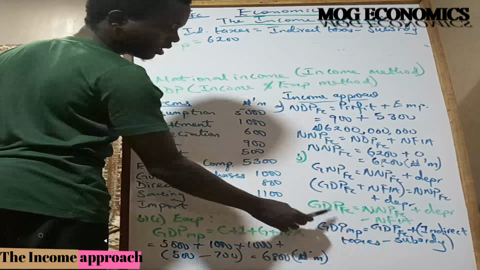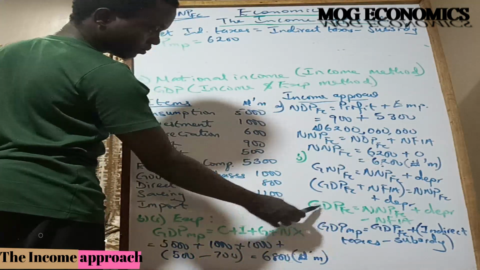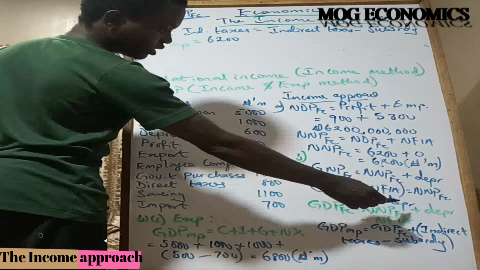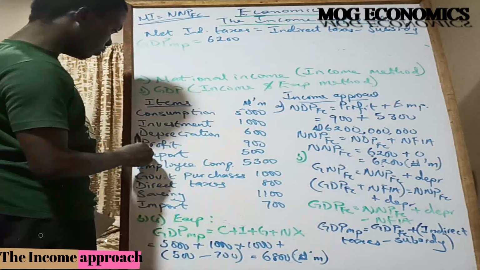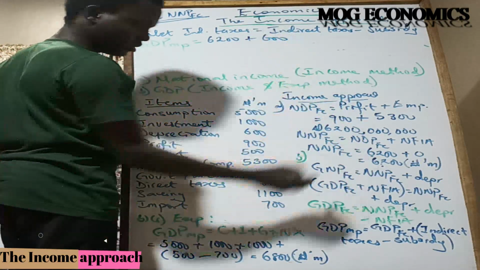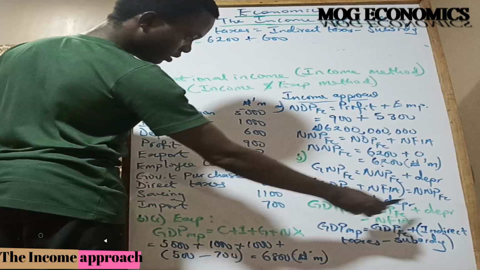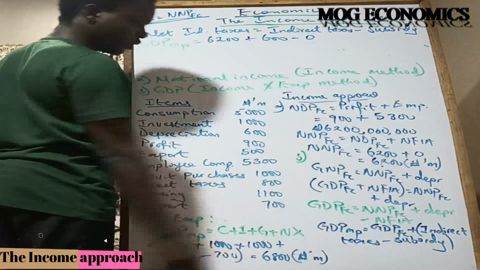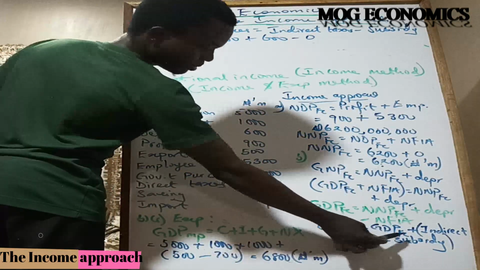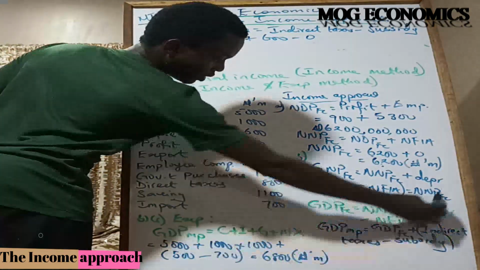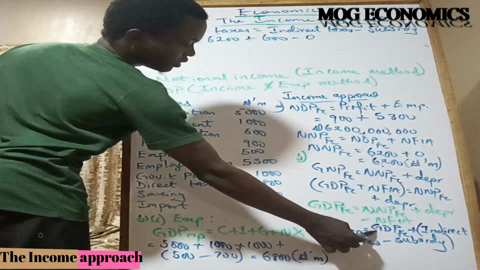So 6,200 plus depreciation, 600, plus 600. Then minus NFIA, minus zero. We don't have NFIA, so minus zero. So the GDPFC here is equal to this formula. I just use this formula in place of this.